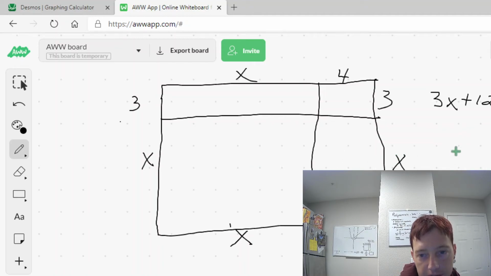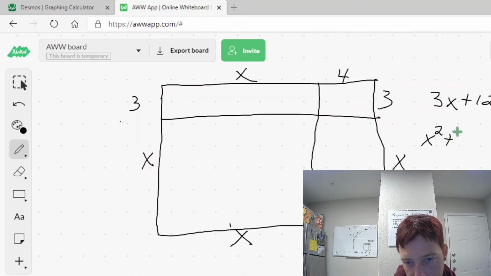So by putting all these together, and by knowing what X is, and putting them in order, we have X squared, we have a 3X, and a 4X. We can just add those together and make it 7X. And then our last term here is 12.